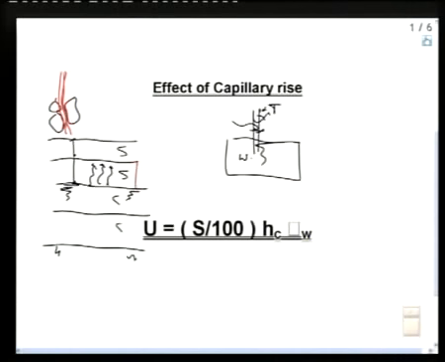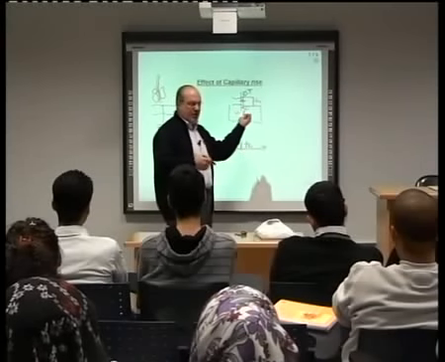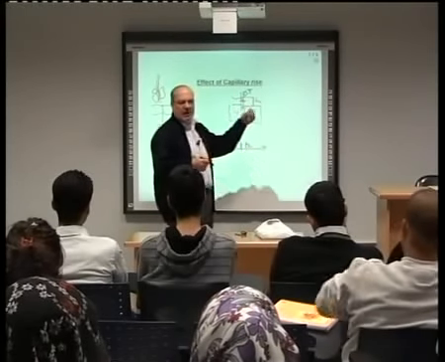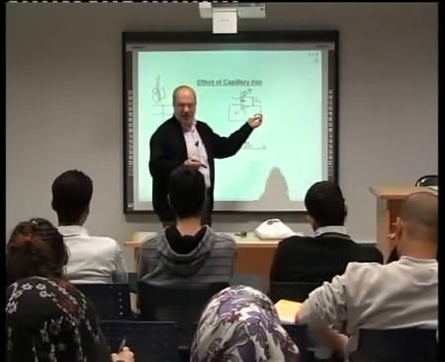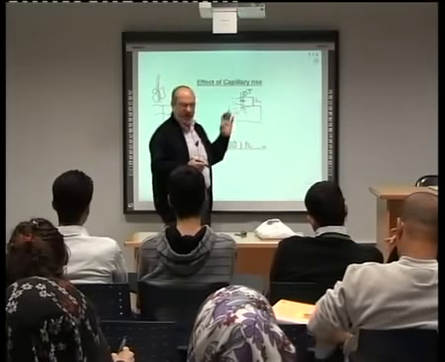This is HC, the capillary height. Of course, capillary height HC is a function of how much water we have here, the diameter, alpha, the type of material of the pipe, and many other things.